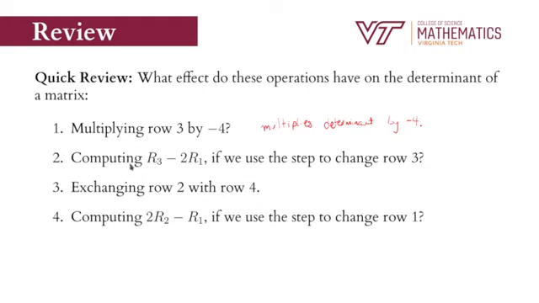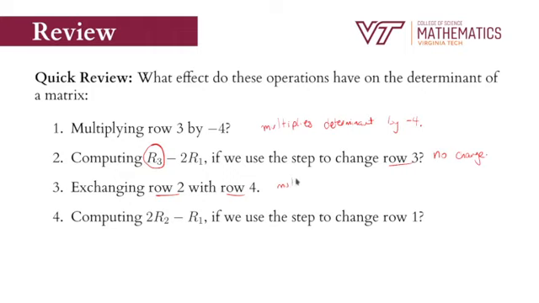What happens if we compute row 3 minus 2 row 1, and we use that step to change row 3? The coefficient of row 3 is 1, and therefore there is no change. What happens if we switch row 2 and row 4?